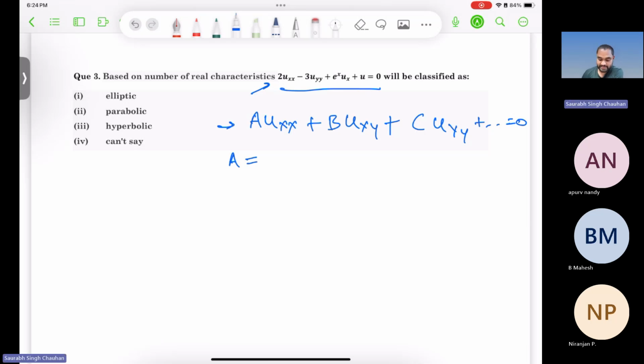What is a in this equation? The coefficient of uxx. It is 2, right? And what is b?